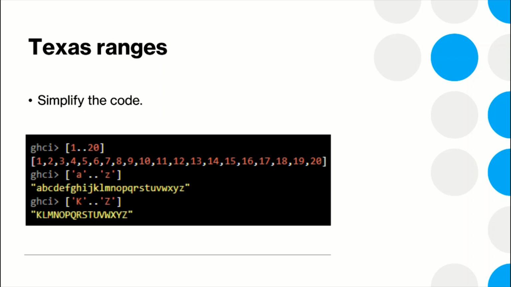The Texas range is just a way to simplify the code. So instead of writing a list like we have here in the example, a list of 1, 2, 3, 4, 5, 6 and going on to 20, we can write it in the way that we have here.